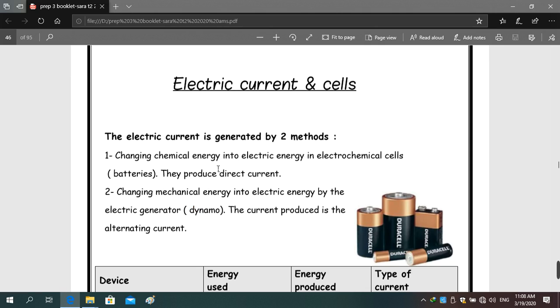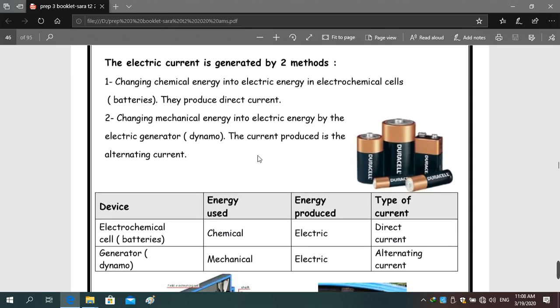So method number 1, regarding the batteries and small devices, generates electricity, producing electric energy from the chemical energy inside the battery. The second one, which is a dynamo or electric generator, produces electric energy from mechanical energy or kinetic energy.